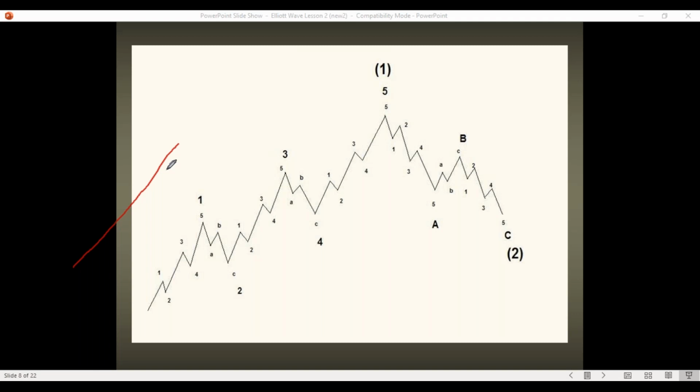I just assume it is, and that usually jumps out on a chart. That could be to the downside as well. Remember, you have these five waves down, and these same characteristics apply to the downside. Wave three down will usually be the strongest move down.